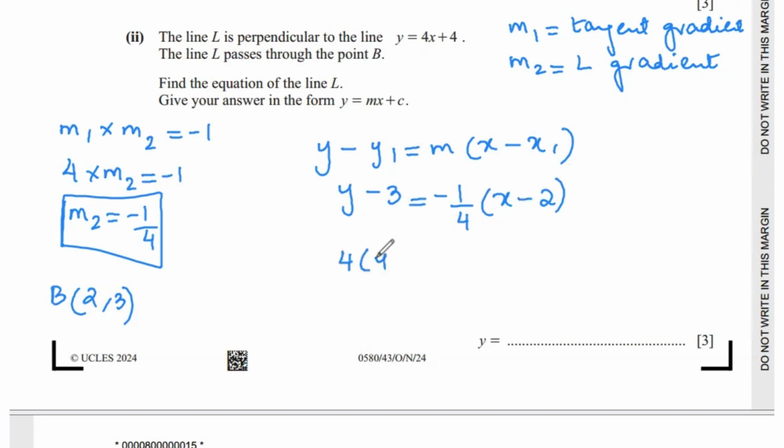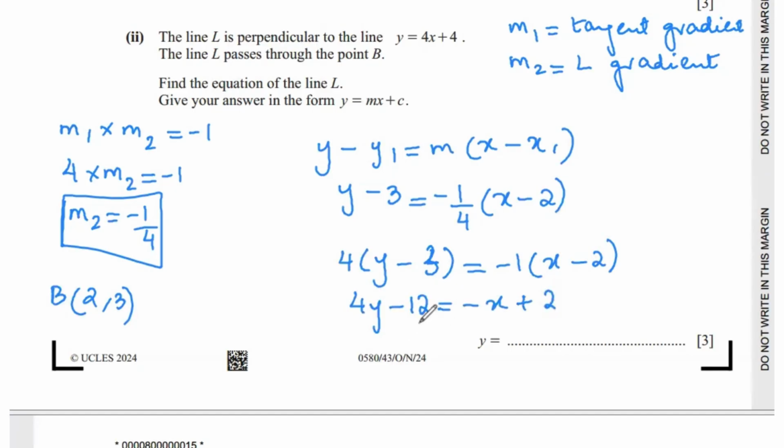Cross multiply to get rid of the fraction. So 4 times y minus 3 equals negative 1 times x minus 2. That's 4y minus 12 equals negative x plus 2. 4y equals negative x plus 2 plus 12. And that's negative x plus 14.